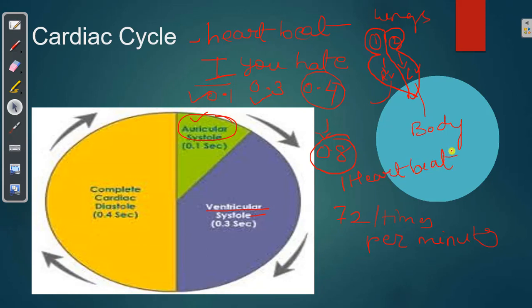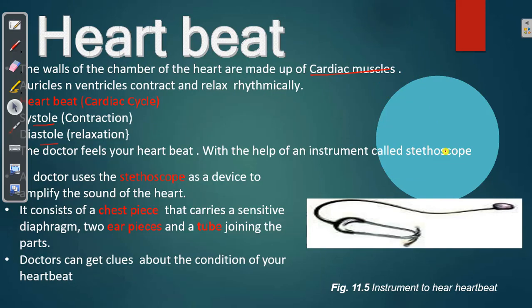So if anyone asks you what is one heartbeat, you will say auricular systole, ventricular systole, and relaxation of all the four chambers is one heartbeat. This is also known as the cardiac cycle.